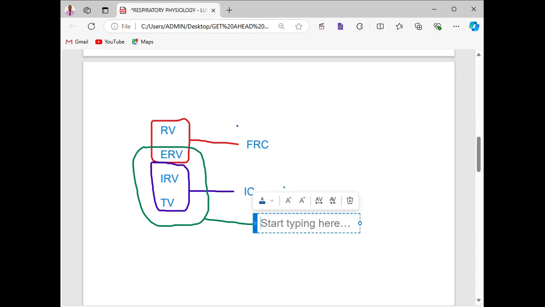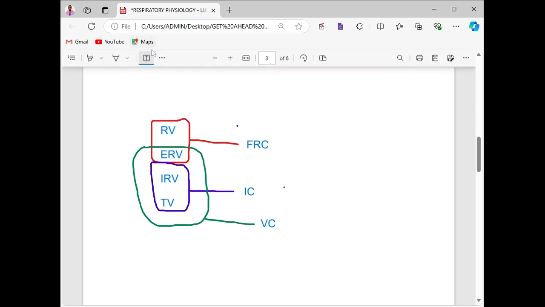And then when we combine ERV, IRV, and TV, what we get is the vital capacity.